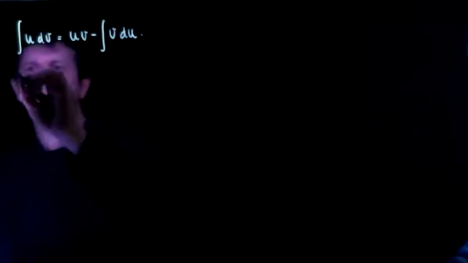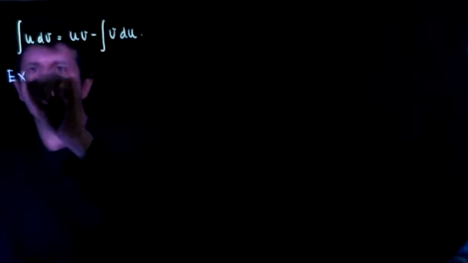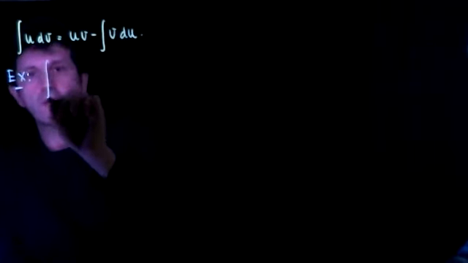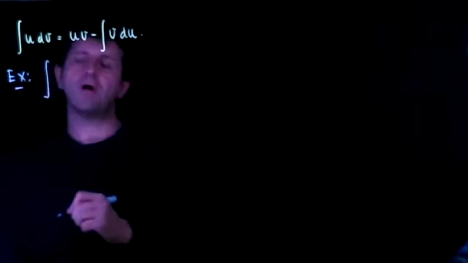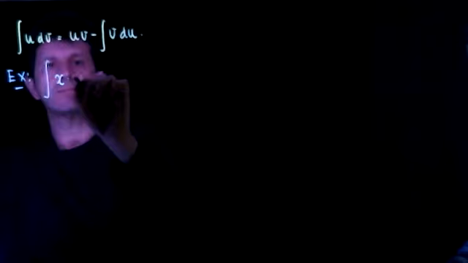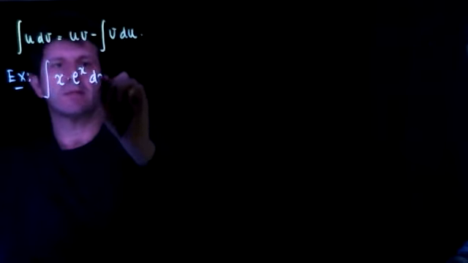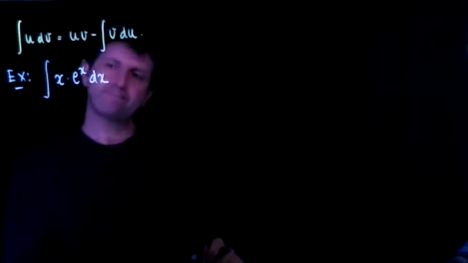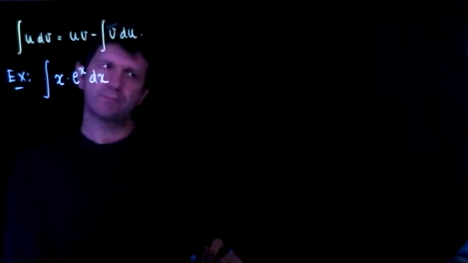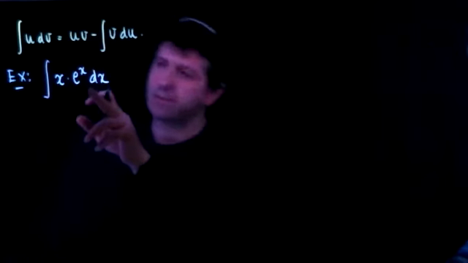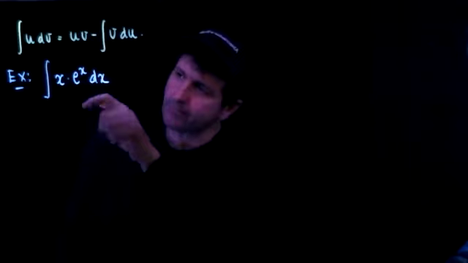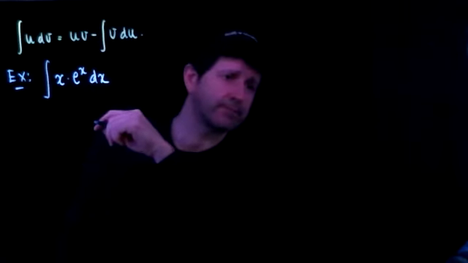So how does this work? Let's start with an example. The integral of, let's say, x times e power x dx. As you see, I cannot do a substitution here.